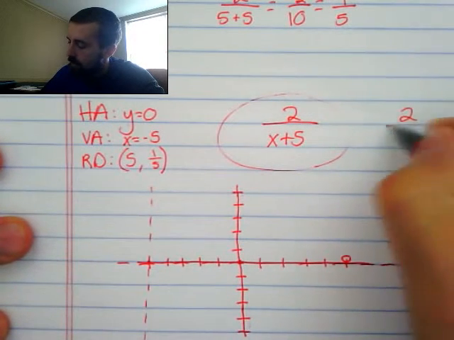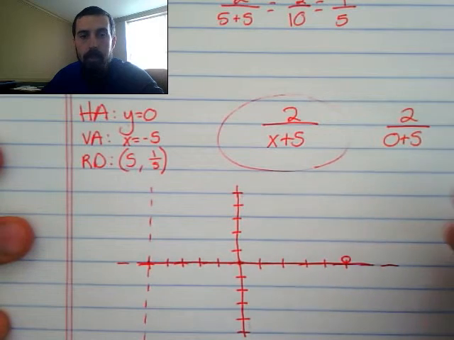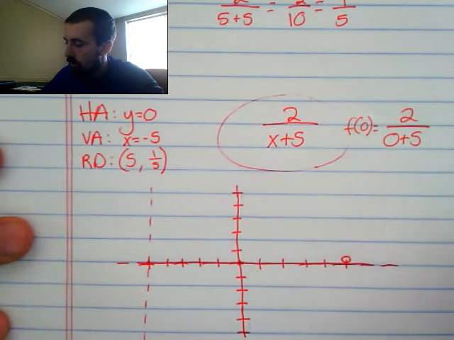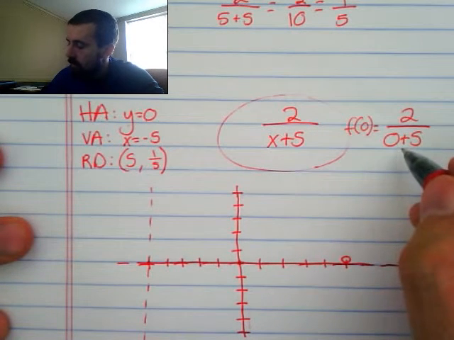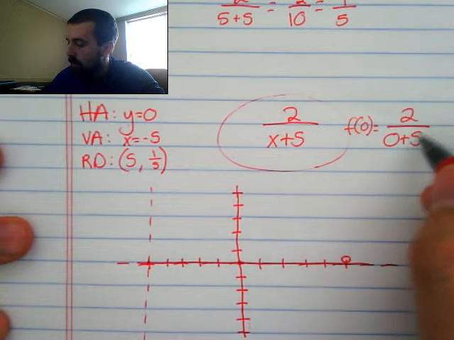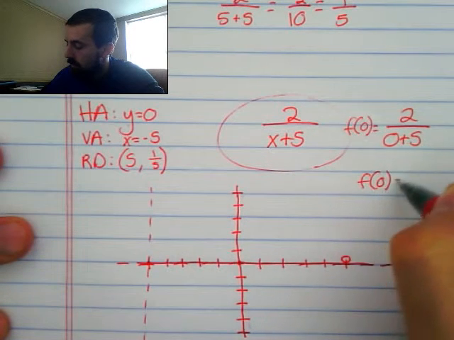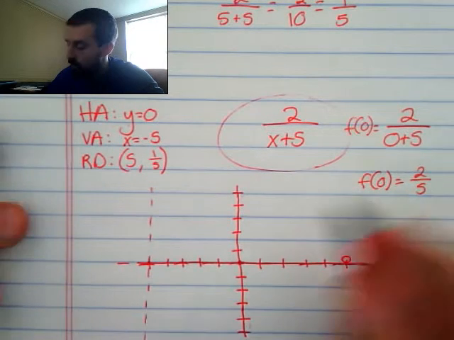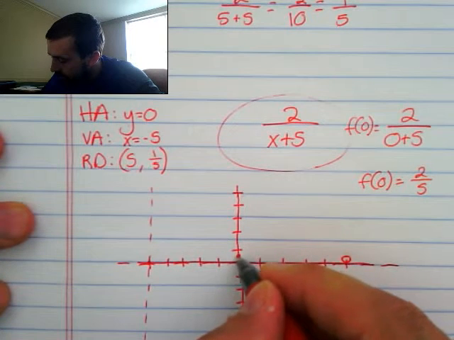I'm going to plug in 0 for my x because I know it's going to give me a y value. f of 0 equals 2 over 0 plus 5, so f of 0 is just 2 over 5. So my y value is going to be at 2 over 5, which is somewhere like right in there.